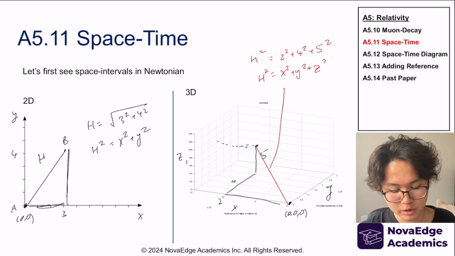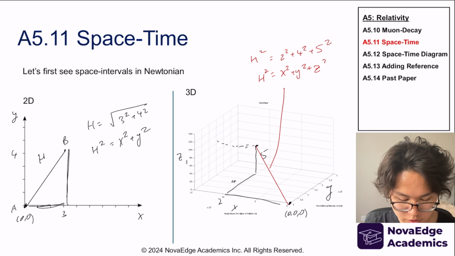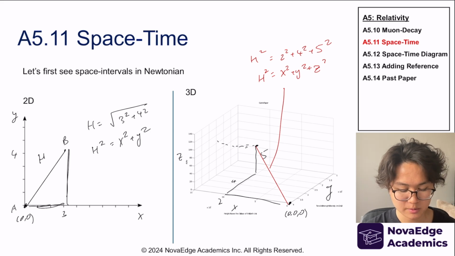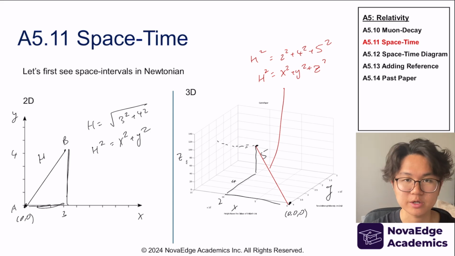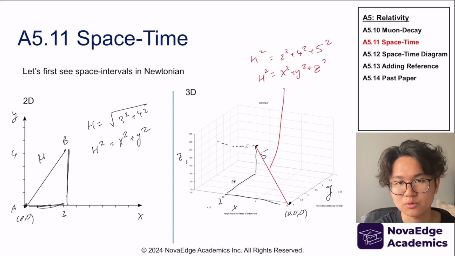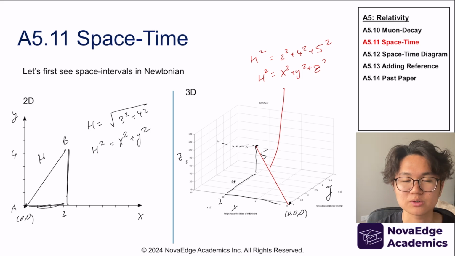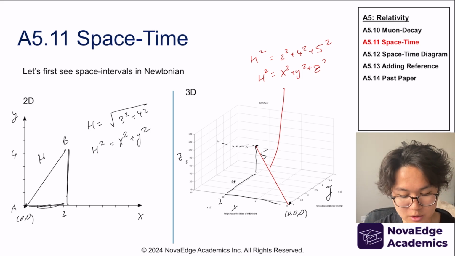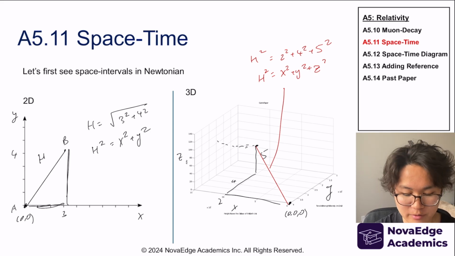We're going to do the same thing for space-time intervals as well. Now you might be saying, okay, we're adding a time aspect to this, because all we've considered right now was space: space in the x-axis, the y-axis, the z-axis. If we add a time component, or another axis, it becomes a 4D property, and it is a 4D property in real life.